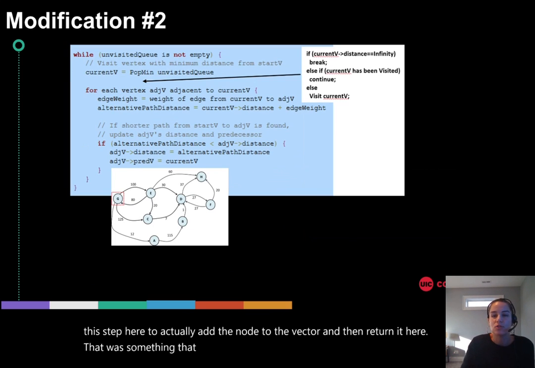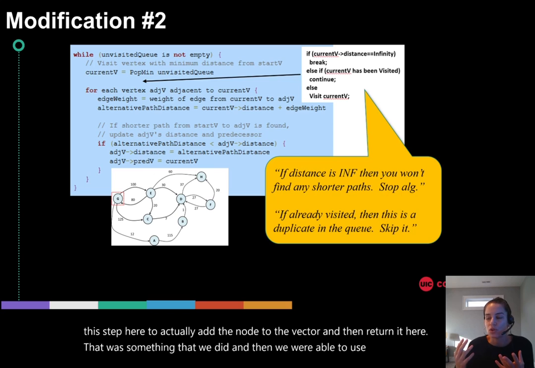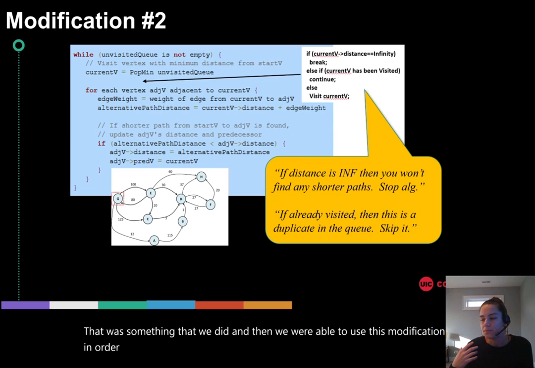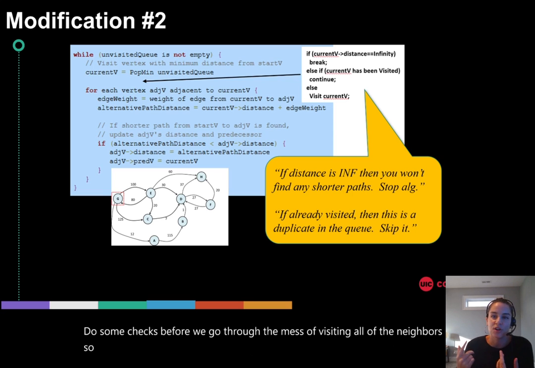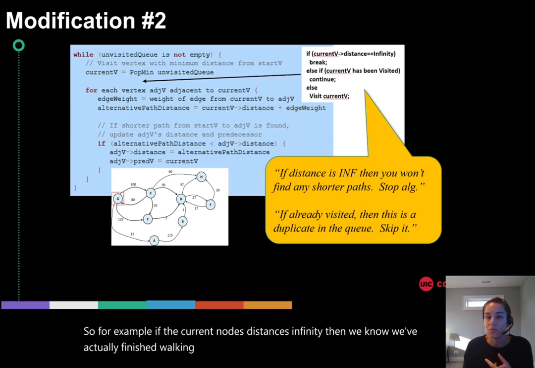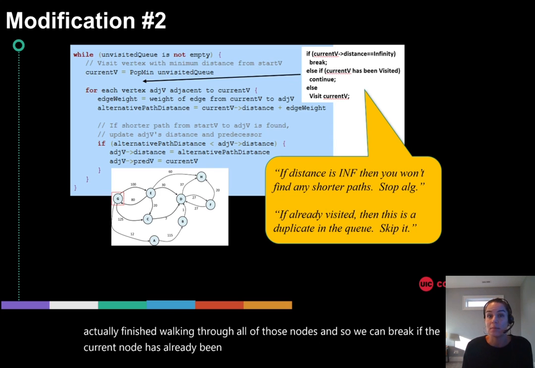And then we were able to use this modification in order to do some checks before we go through the mess of visiting all of the neighbors. For example, if the current node's distance is infinity, then we know we've actually finished walking through all of those nodes, and so we can break. If the current node has already been visited, we can just skip this iteration.